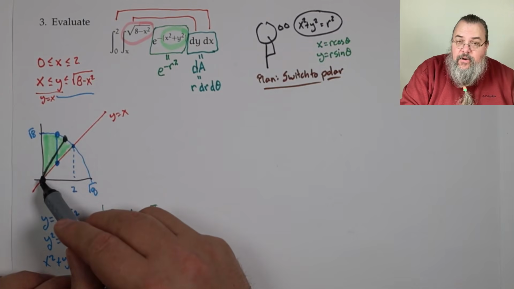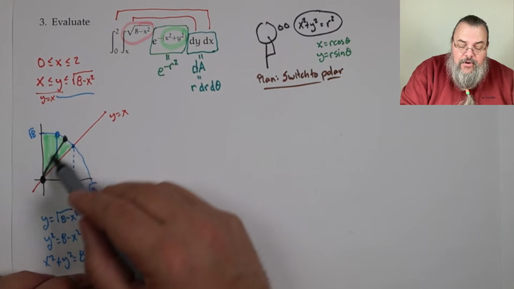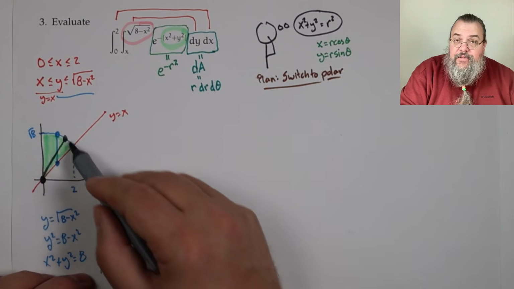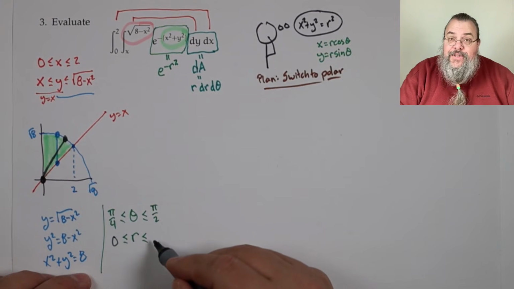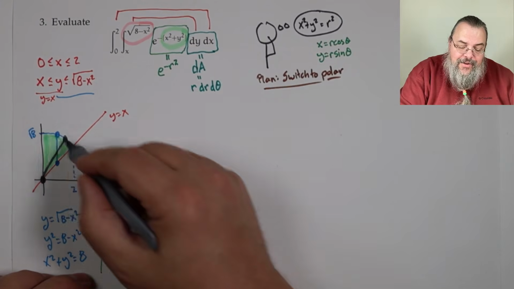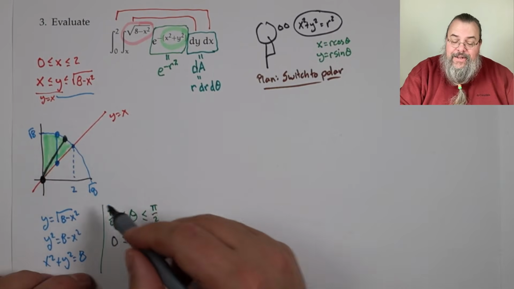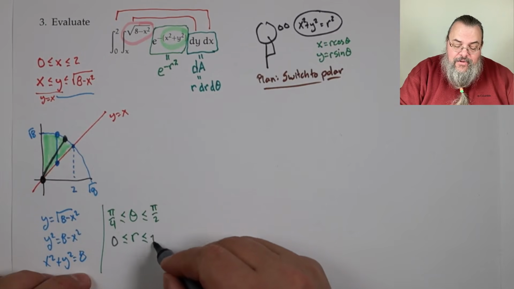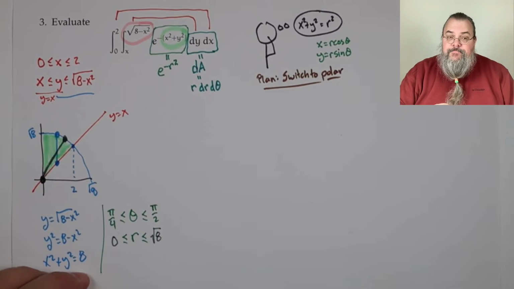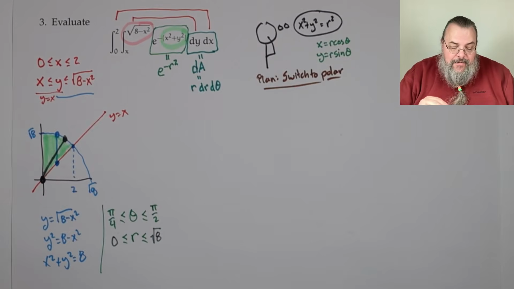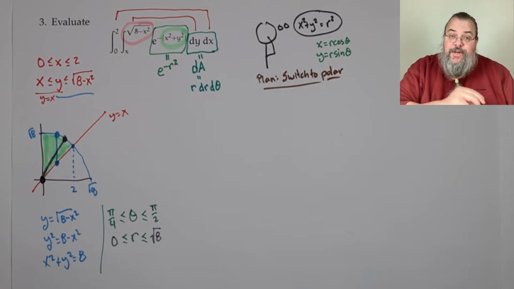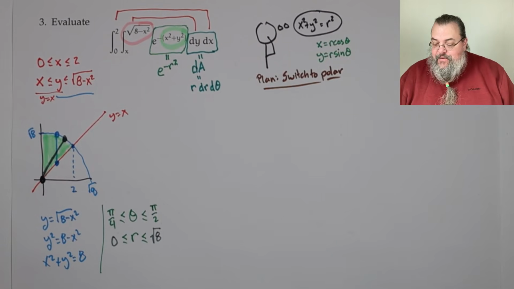We start at the origin and we go until we hit this circle. So we start at 0. And now what's the circle? Well, it's a circle which has radius square root of 8, or r equals square root of 8. And that's the bounds. That's the description of our region in terms of polar coordinates.